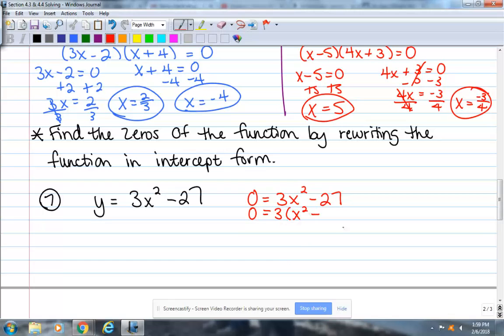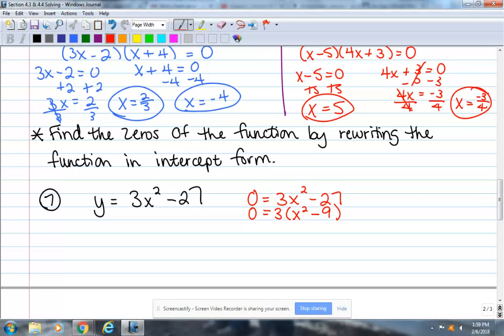Yep. Minus what times 3 is 27? 9. Am I done factoring? Why not? Yes, x squared minus 9 is the difference of squares. So remember that step 3 from yesterday. You need to make sure all of your factors are factored completely.